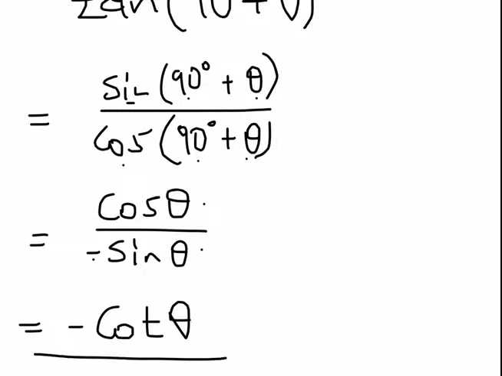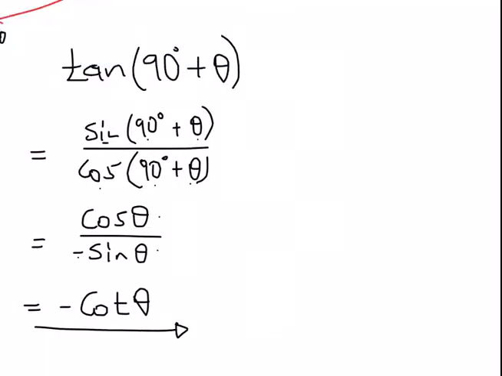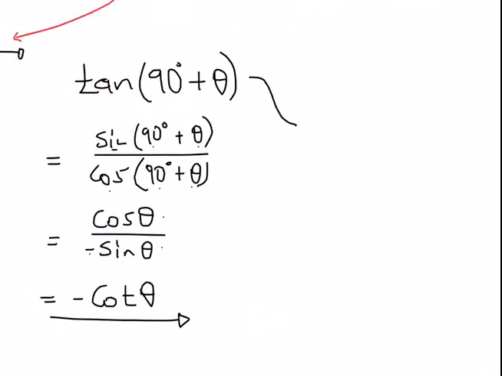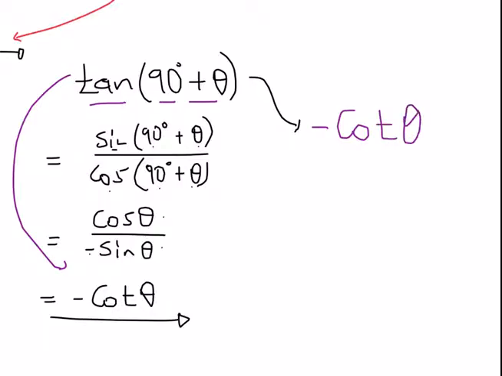As a mathematician, you should therefore say, if it is given to me as a tan, I can just say, okay, 90 plus is in the second quadrant. In the second quadrant, is tan positive or negative? It is negative. For that reason, it becomes negative. So that means tan changes to cot. Then it becomes negative cot of an angle.